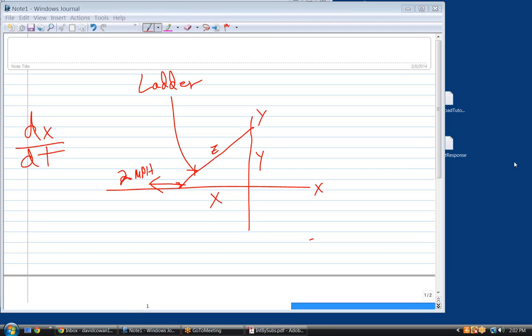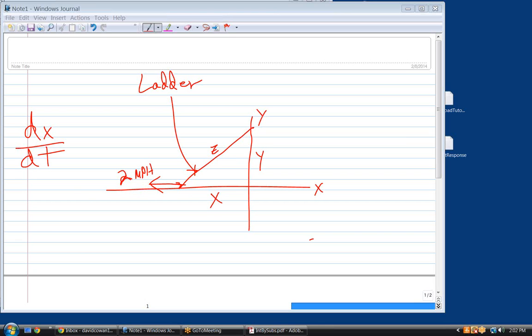Remember the problem we had where the ladder was resting up against the wall and a boy was pulling the ladder at the bottom to the left at some rate? Yes. And the problem was to find out what dy dt was.